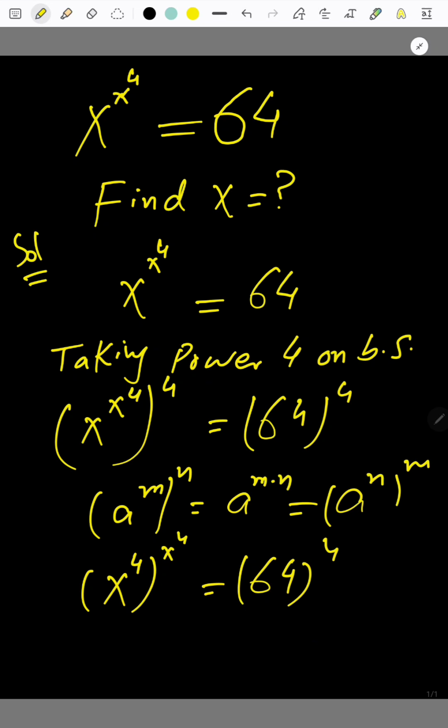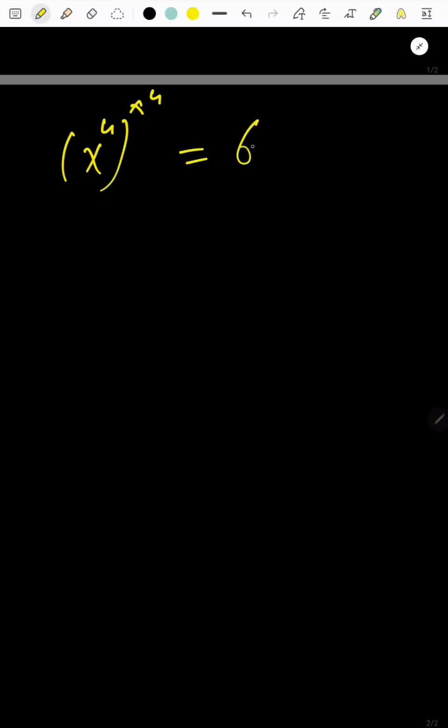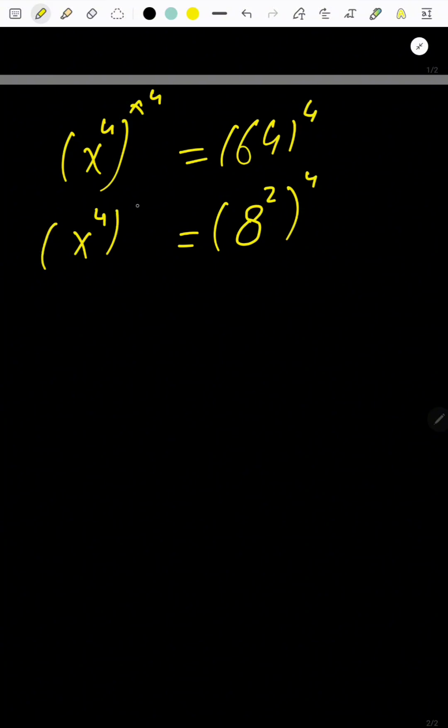We have x raised to power 4 whole power x raised to power 4 is equal to 64 raised to power 4. On the right hand side we can easily write it as 8 raised to power 2 and whole power 4, and on the left hand side simply x raised to power 4 whole power x raised to power 4.